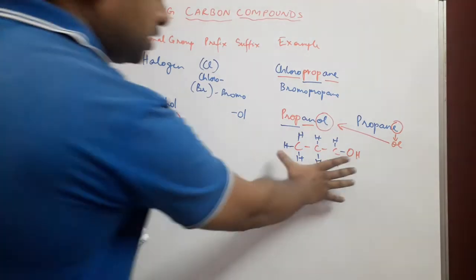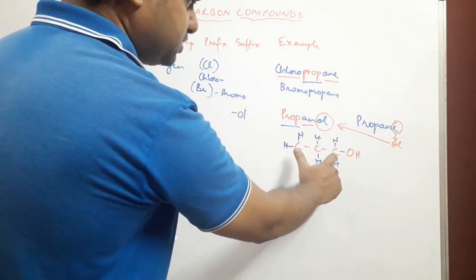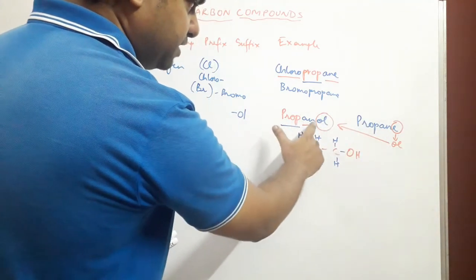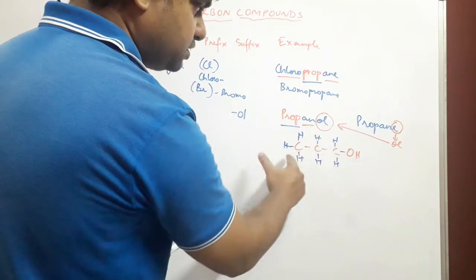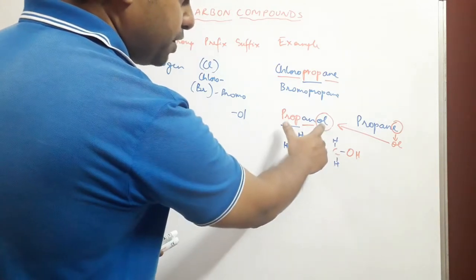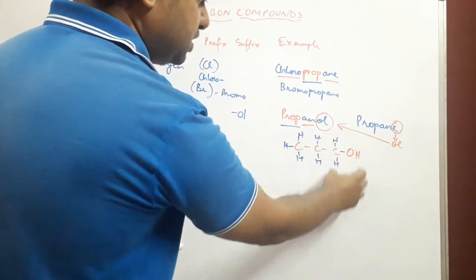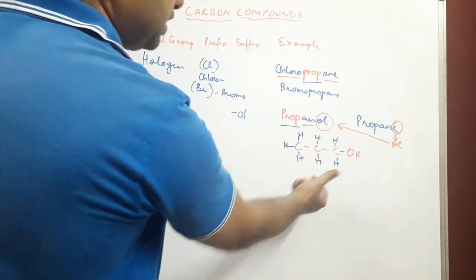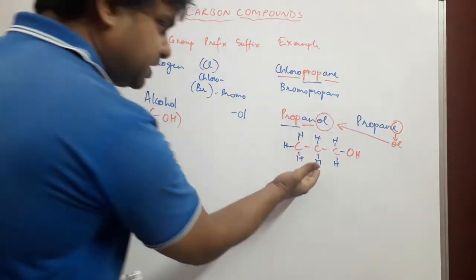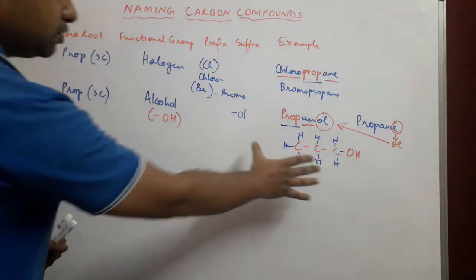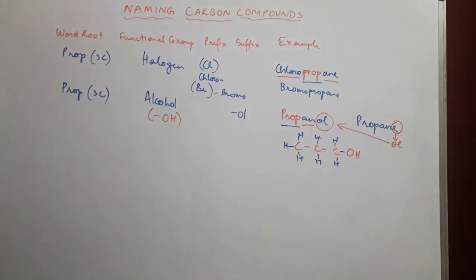And this is how the structure looks: there are 3 carbon atoms, that is why prop, we have put AN because there are all single bonds, and OL is the functional group over here. So this is the main functional group changing the function of this compound. So this becomes an alcohol. From a normal hydrocarbon, it becomes an alcohol, propanol.